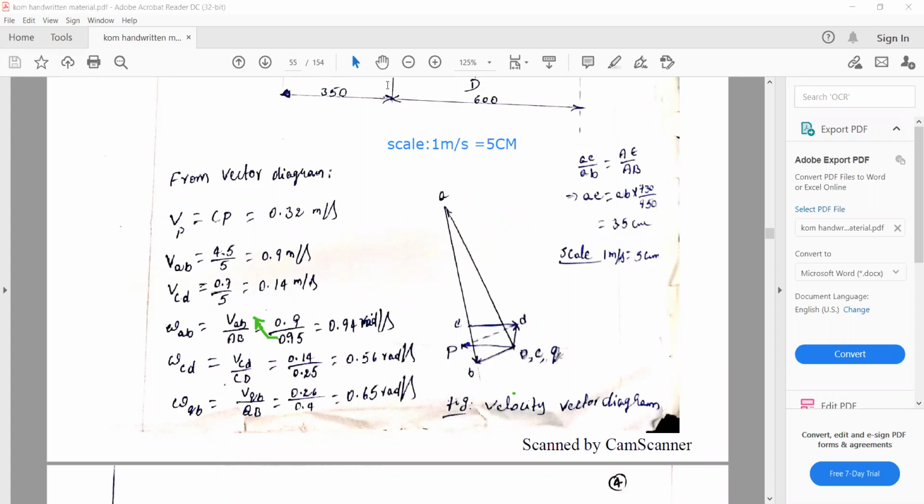The direction is perpendicular to OA. Since the link is going up, we draw the perpendicular upward, perpendicular to the OA link, with a length of about 4.8 or 4.7 centimeters.